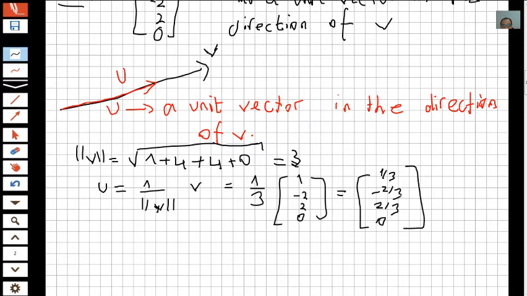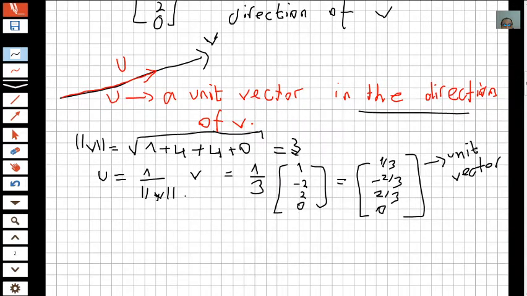Okay, so this one is a unit vector in the direction of v, because you see this vector is a multiple of v, which means we have the same direction. And to check whether it is a unit vector or not, it is enough to find its length, namely the norm.